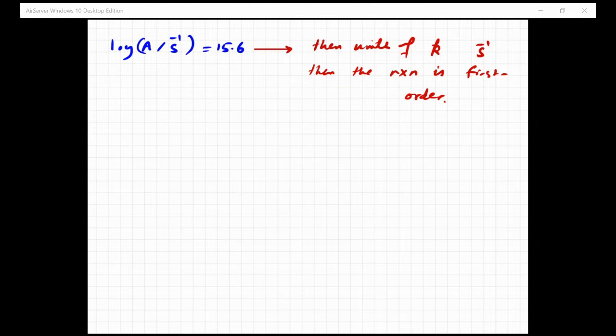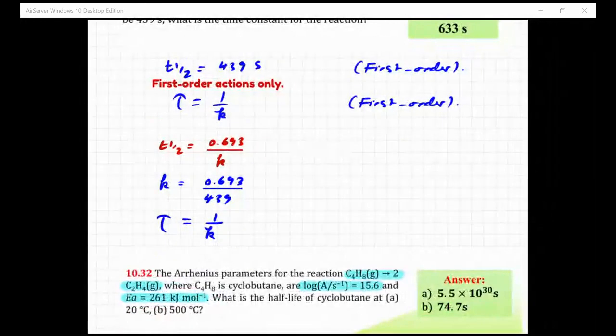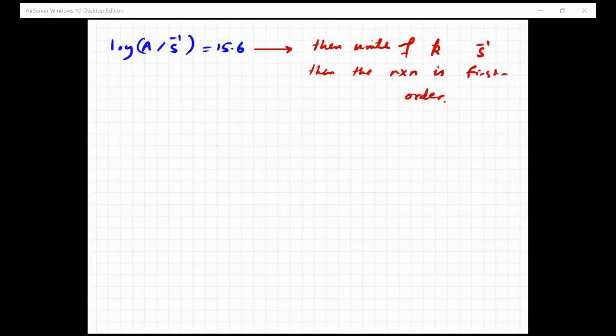So we can apply the relations of the first order reaction. What relations? This relation, we can apply it, right? So we'll apply it twice.